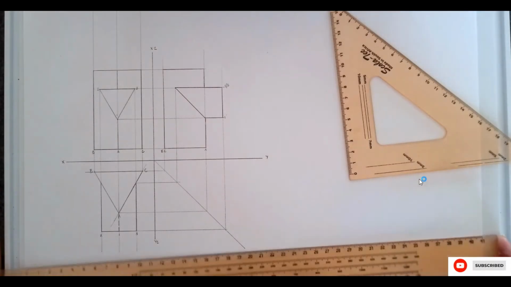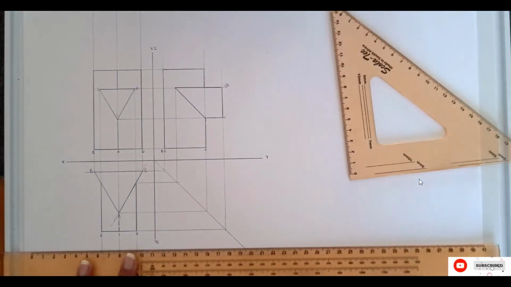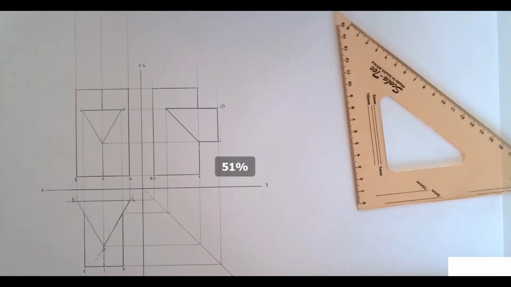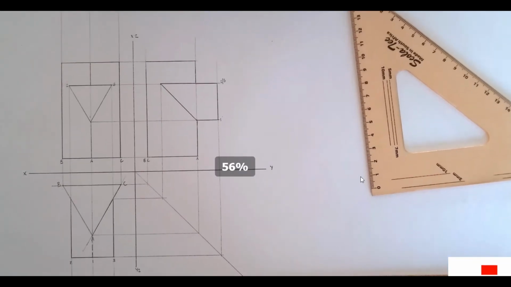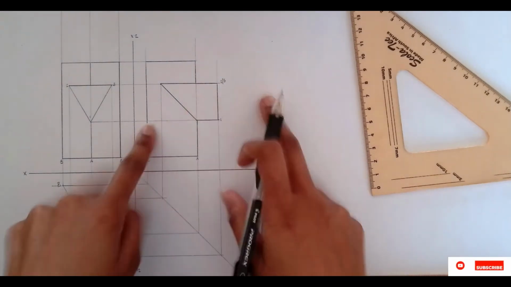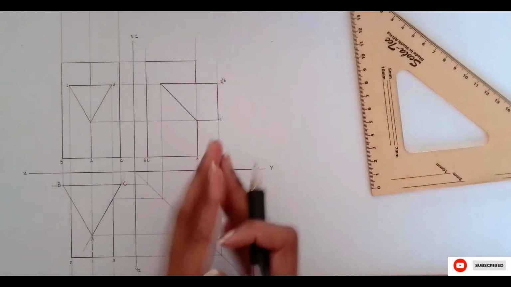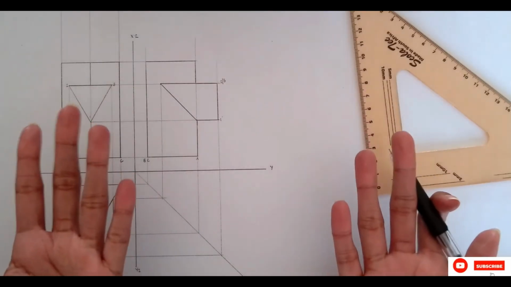Moving on to what now is something new in grade 11. It's drawing the development. So with regards to development, it means taking your 2 prisms apart and then opening each of them up.